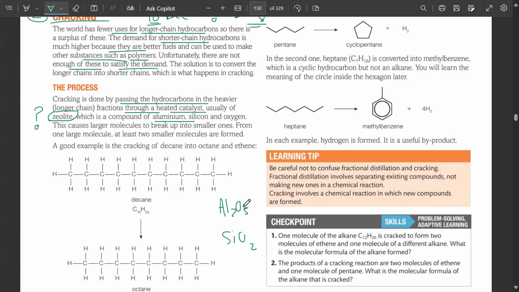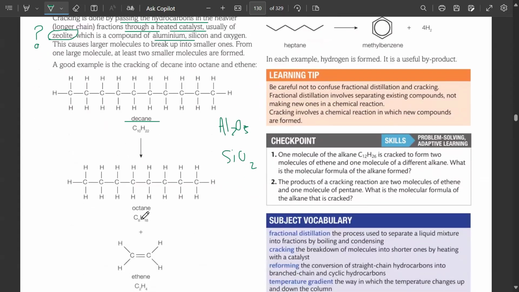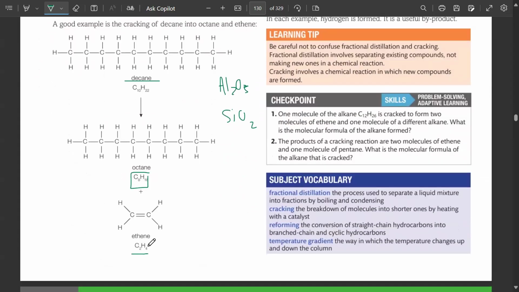It's a mixture of all these compounds. So you can see decane is cracked into two products, octane and ethene. By breaking down a large alkane, we produced a small alkane and a small alkene as well.